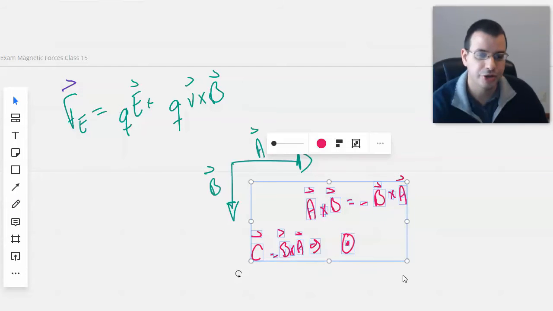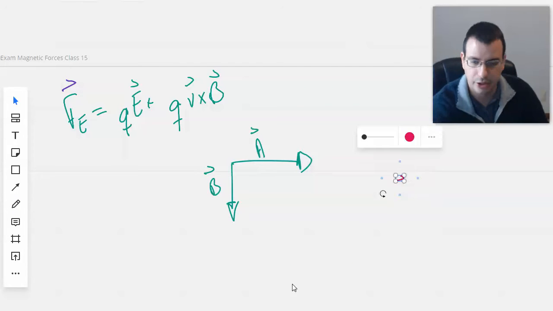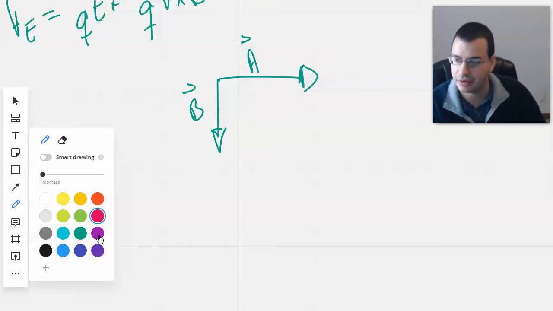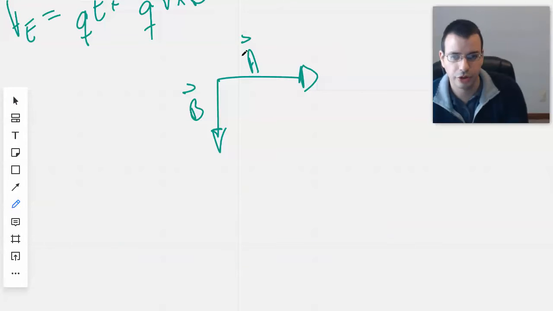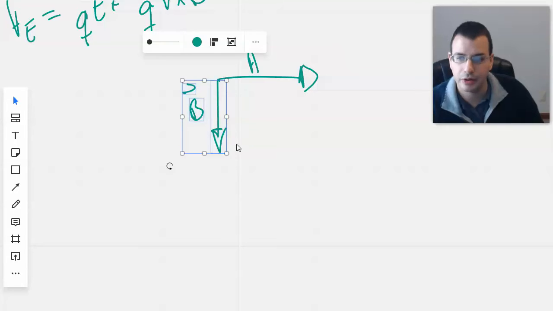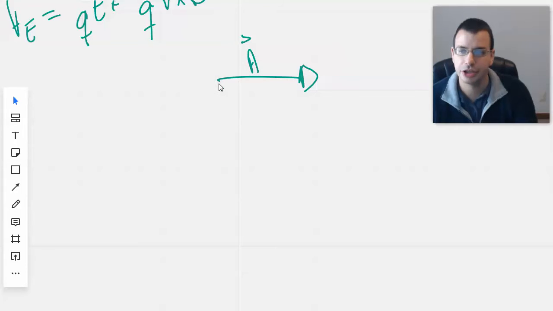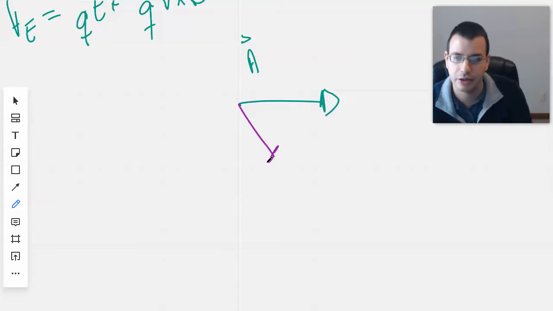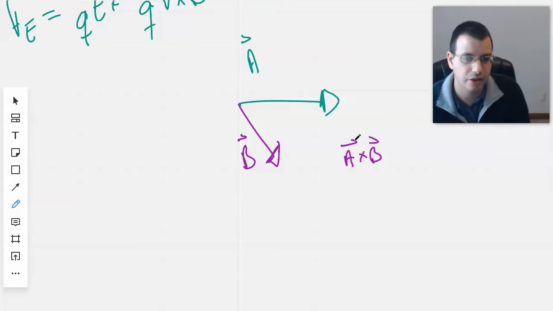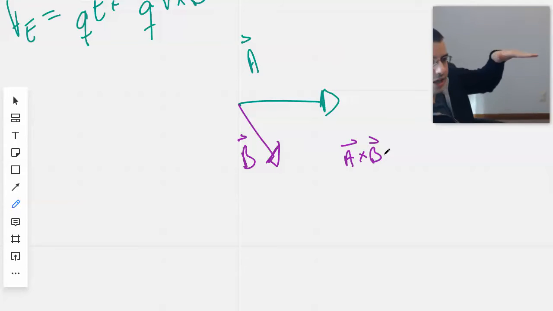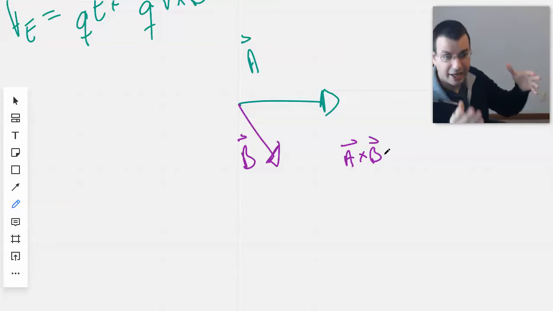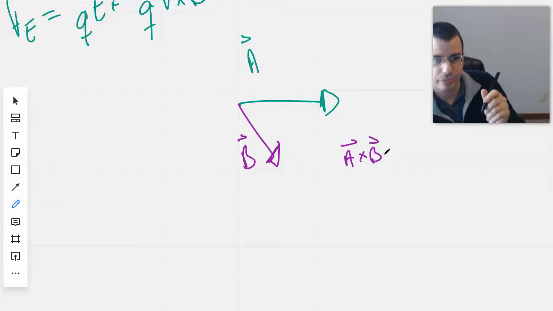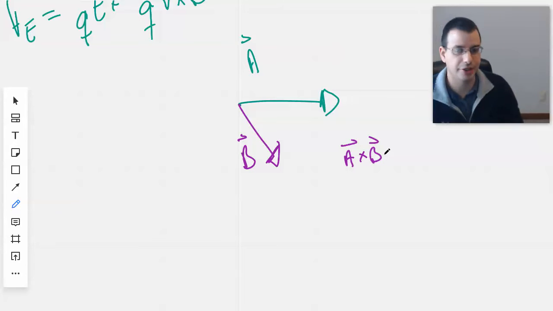Similarly, the two vectors don't have to be perpendicular. Let's say we have a different B. So now we're going to do A this direction, and then B is just slightly off, but we're still going to have the same direction as we did before, even though they're not perpendicular.